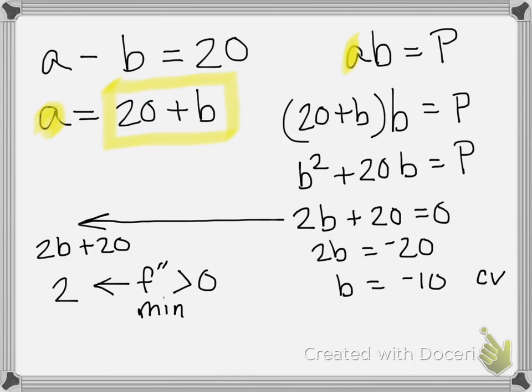Now we take the critical value that we found, and we will plug that back into our original equation that we came up with right here. So we had A minus B is equal to 20.